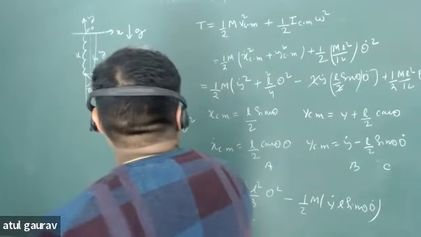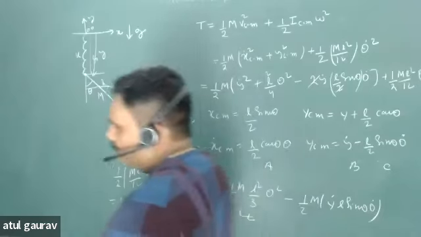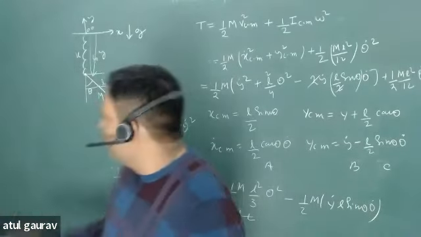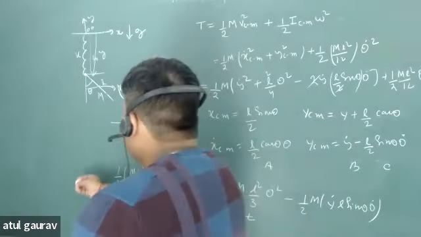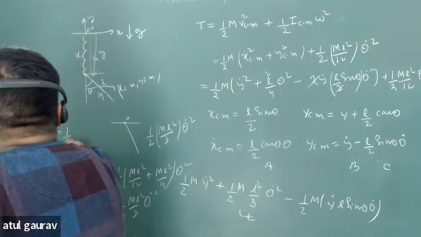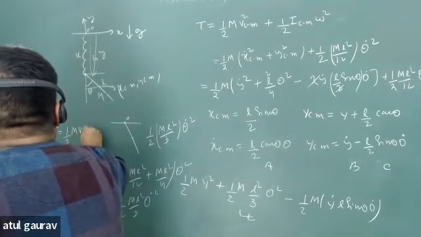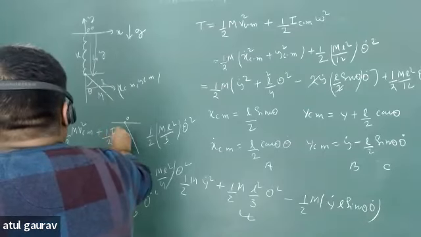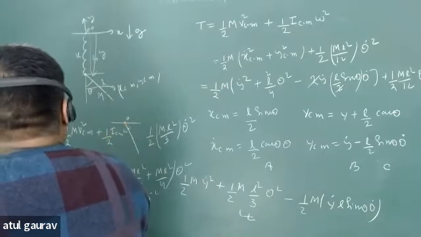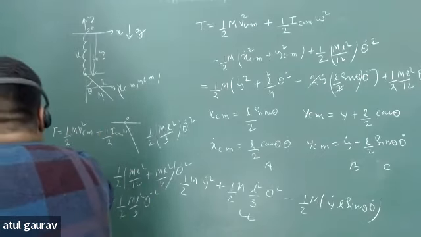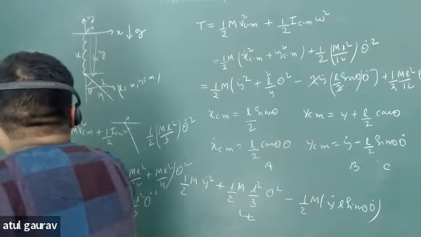So either you will take this expression, please mind it. Now listen very carefully. In this problem, either you will take the expression of kinetic energy half m v_cm square plus half I_cm omega square, which is equal to half I_O omega square.